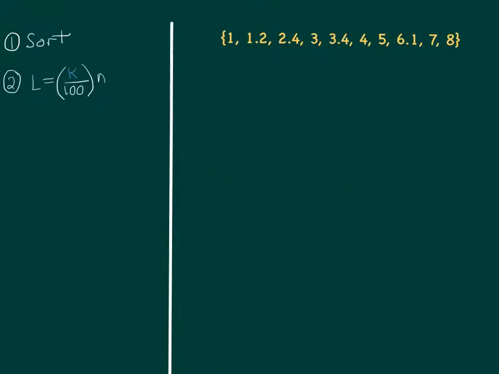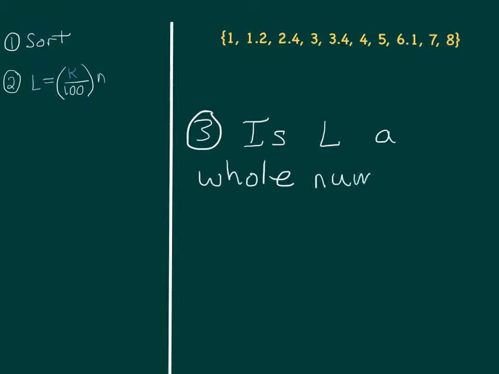Our next step in this process is to ask ourselves a question: is the L that we just computed a whole number? Depending on our answer, we're going to compute the percentile in different ways.